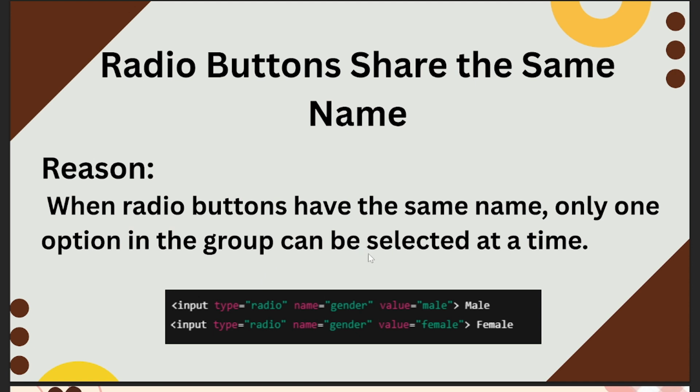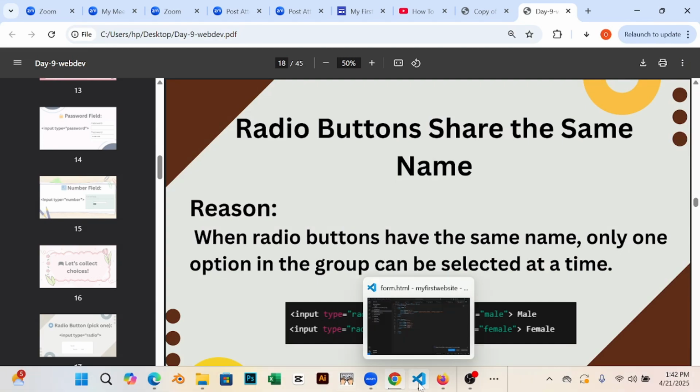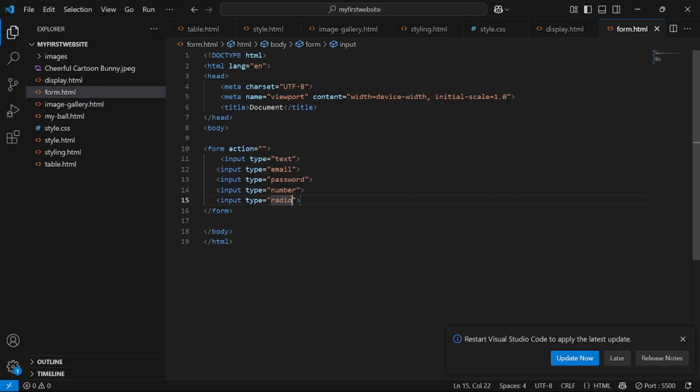I'll be creating 2 radio buttons, and I'm meant to select one if I am male or if I am female. Okay, let me go back to my VS Code. I'll add a break here so that it will happen on a fresh line. You know how to break a line, right? I taught you that using the BR.